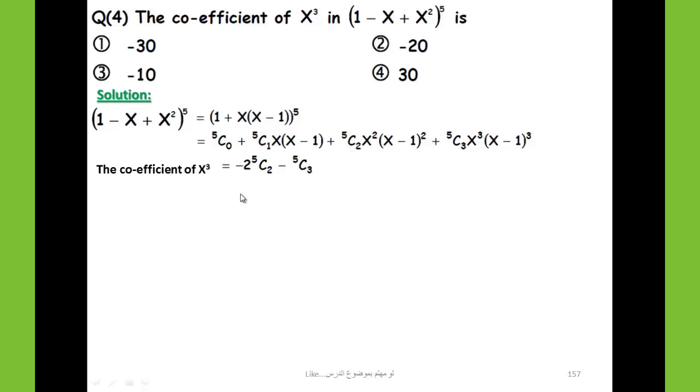So the coefficient will be negative 2 times 5c2, minus 5c3. One of the terms of this expansion is 5c3 x power 3, and its coefficient is negative 5c3. We write it here and calculate it. We get negative 20 minus 10, which equals negative 30.